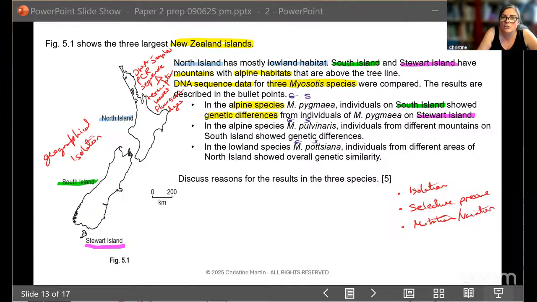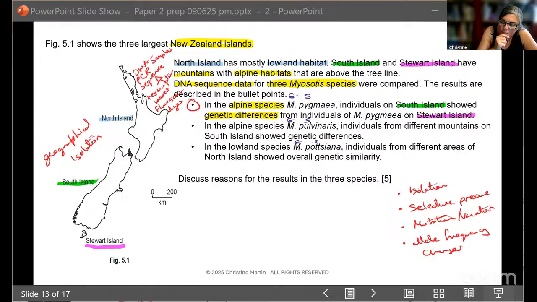Because of those selective pressures, some are going to thrive, survive and reproduce, others are going to die out, and therefore the allele frequency changes. That results in us ending up with different species. So we start off with common ancestors, and then we diverge because of these mutations and selective pressures. Because they're on different islands, they've been geographically isolated and have some form of selective pressure. So that's the first thing we need to know on that first one.